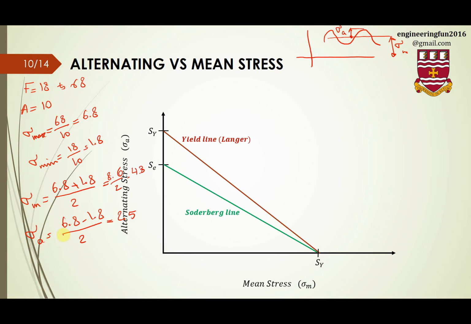Let me double check. That will be 5 over 2, 2.5, and that will be 8.6 over 2, 4.3. Okay, so sigma m is 4.3, and sigma a is 2.5.